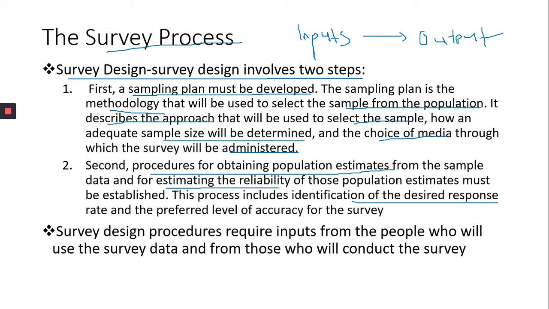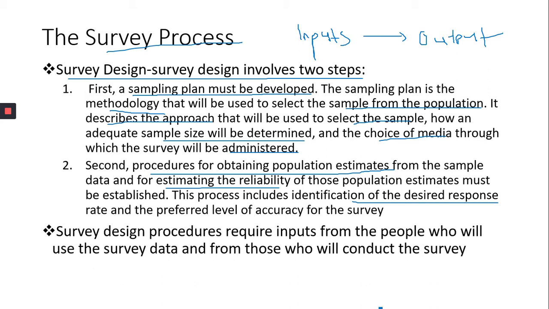I have always noticed a situation where students come and present, I'm going to undertake a survey, but when you ask them, they don't have the basic issues that will enable them to carry out a survey. So one of the issues is to have a sampling plan. You must answer issues like, how are you going to select a sample from the population?